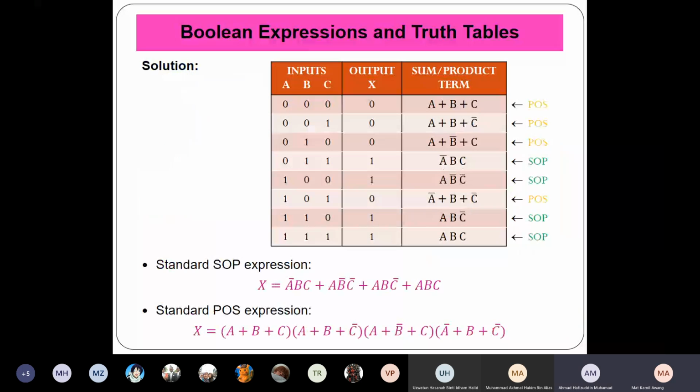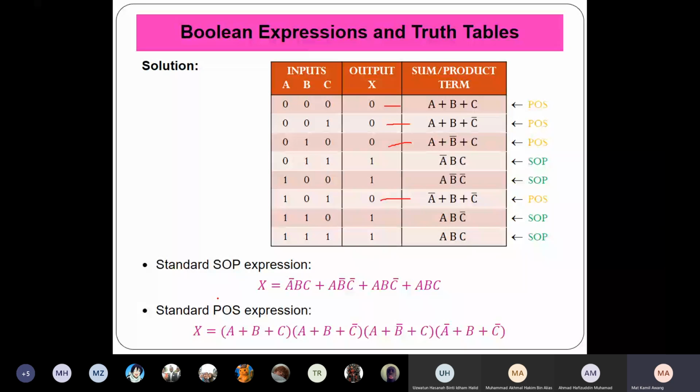And for the POS, you take the ones with the 0. Remember, for POS, 0 is the variable, 1 is the complement.